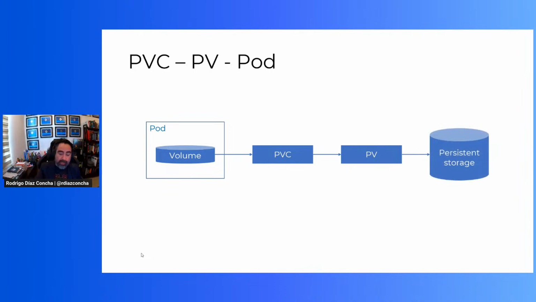And the PV is a way of communicating to a persistent storage mechanism such as disks, cloud storage options, or NAS or whatnot. So this is the entire relationship between pods, volumes, PVCs, PVs, and finally, the persistent storage that you're using, in this case, the Minikube-created standard one.